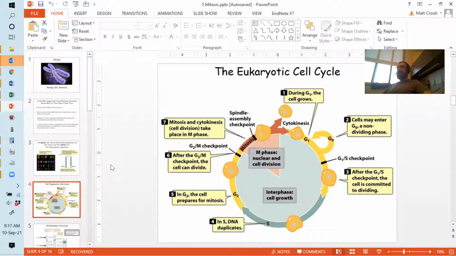The other one, and I tend to spend a fair amount of time on this because it has a lot of serious implications for biology in general and also human health, is that this cycle is exquisitely controlled.